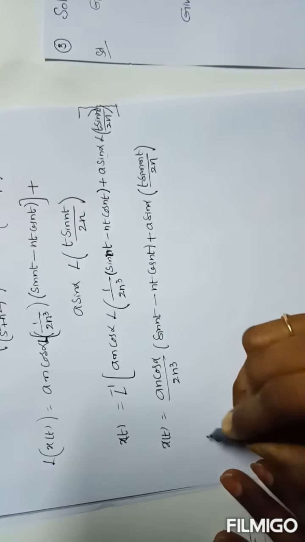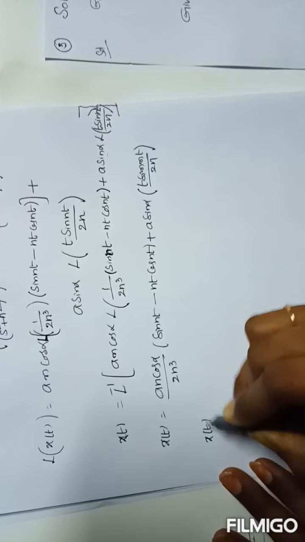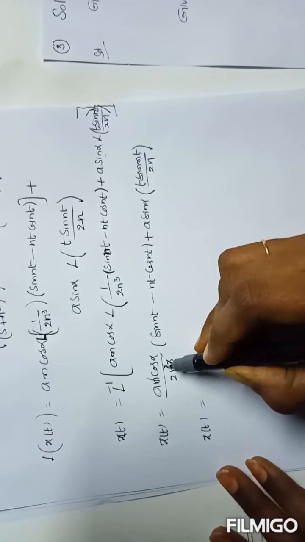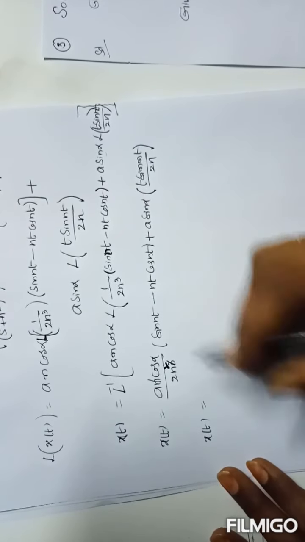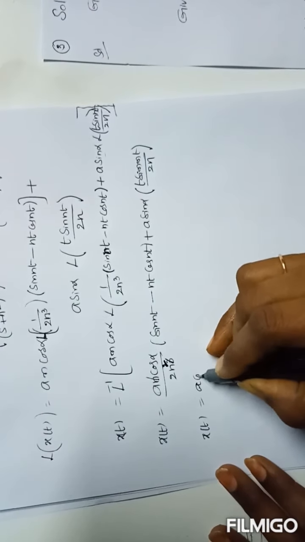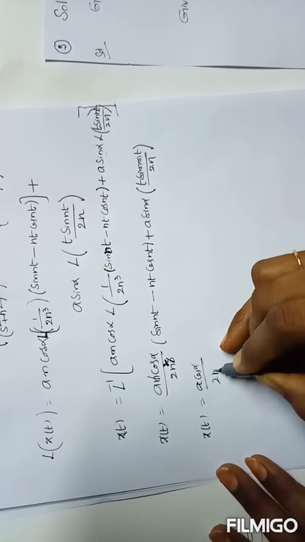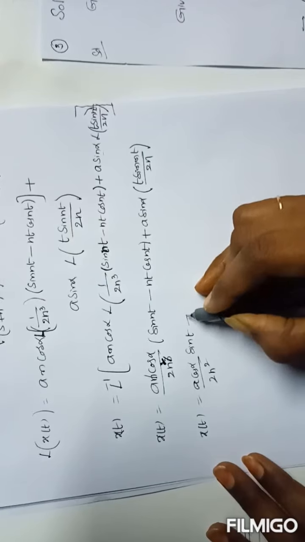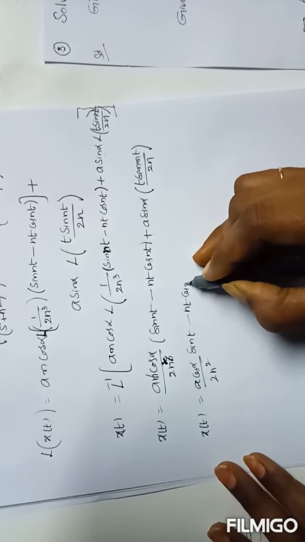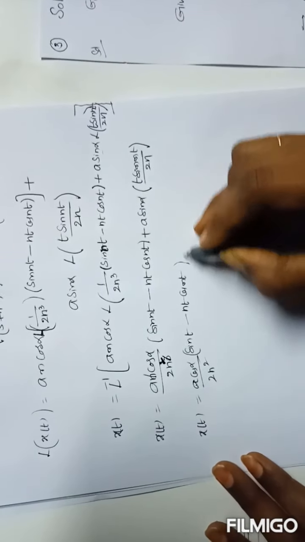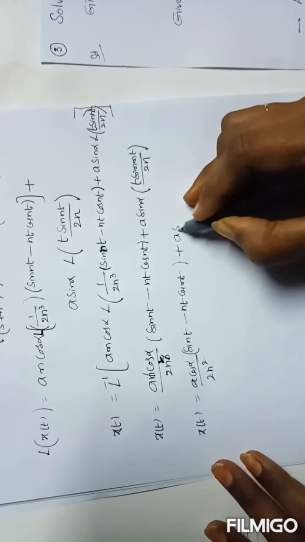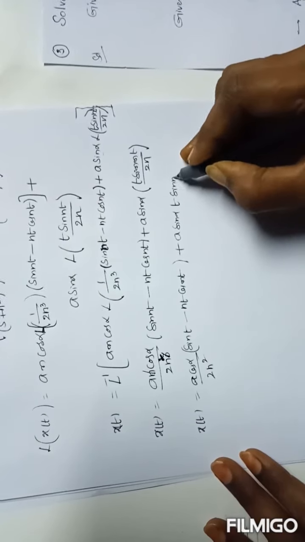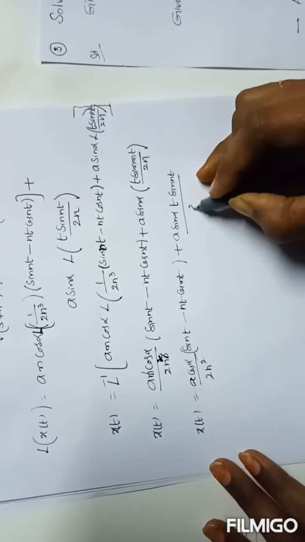Just ordinary simplification. X of t equals, in the first term n gets cancelled. The number of terms here is 2n. Now a cos alpha by 2n square, sin nt minus nt cos nt, plus a sin alpha t sin nt by 2n.